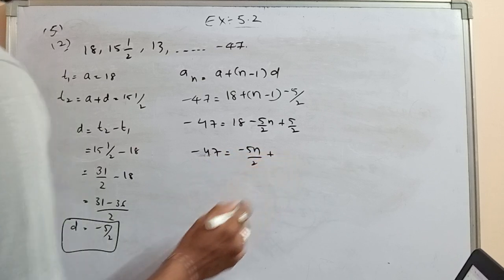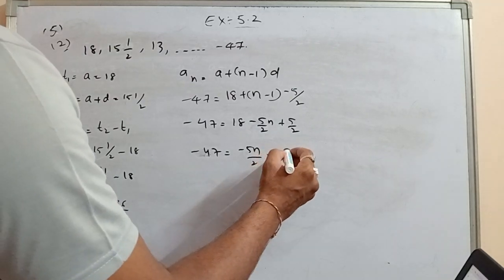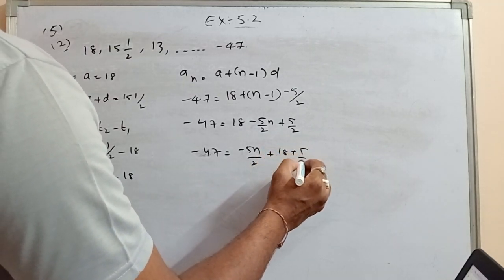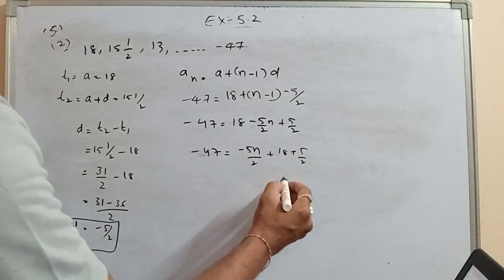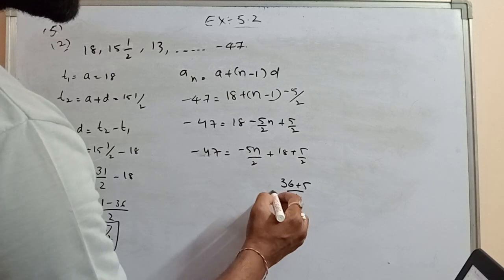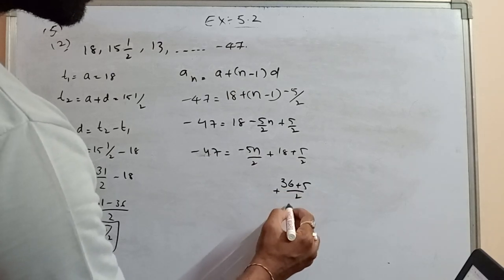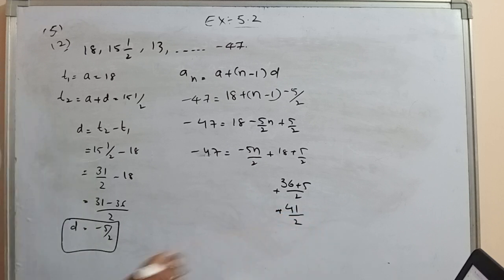Plus 18 plus 5 by 2. 18 twos are 36, plus 5 by 2. It will be 41 by 2.